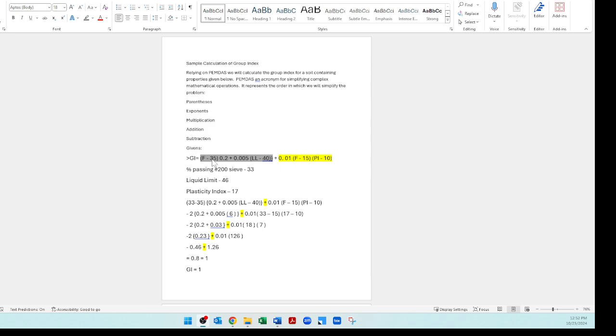And it subtracts that breaking point between fine and coarse, 35. So things that are over 35% passing are coarse grains, bigger. Things that are under 35 are fine grains, smaller.